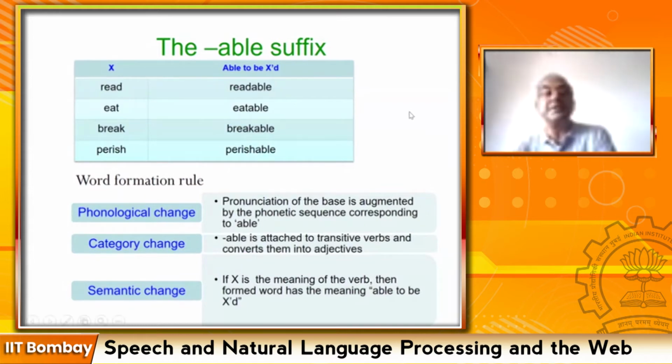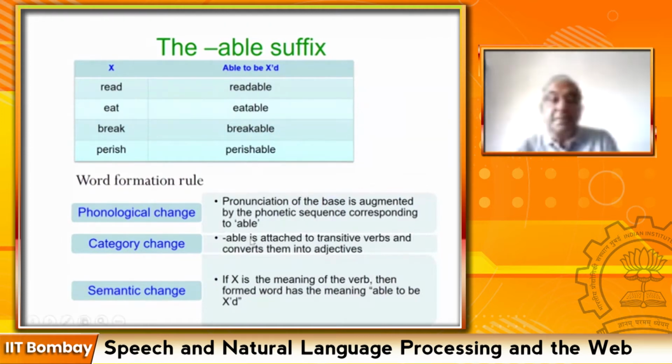And here the part of speech typically changes. Typically the part of speech changes, but this is not a necessary condition. In derivational morphology, you also have situations where the semantics changes but not the part of speech. I would like to leave it to you as an exercise to show that derivational morphology doesn't always change the part of speech.